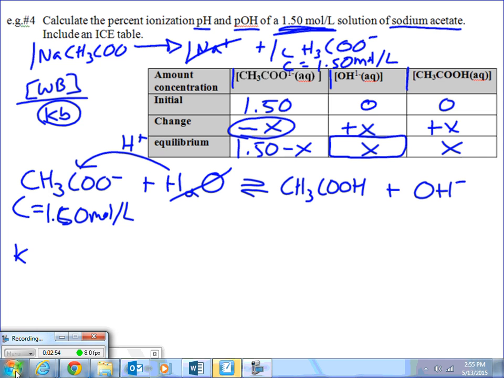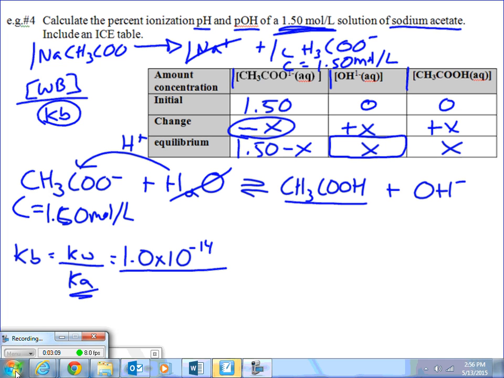Kb is equal to Kw over Ka. Kw is 1.0 times 10 to the minus 14. Ka is the value of our conjugate acid. So we're going to look for the Ka value of my conjugate, which is acetic acid, and that has a value of 1.8 times 10 to the minus 5 for the Ka. This gives me a Kb of 5.6 times 10 to the minus 10.